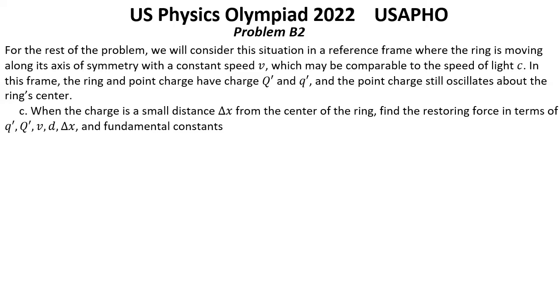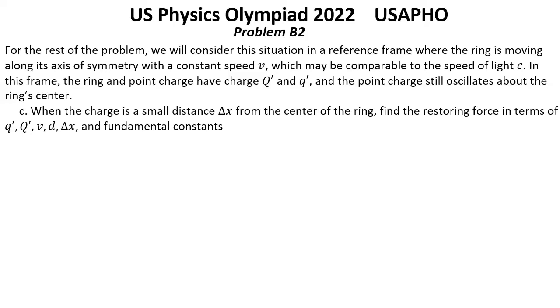Solution for question C. When the charge is a small distance delta x from the center of the ring, find the restoring force in terms of small q prime, big Q prime, v, d, delta x, and the fundamental constants. Solution. The position of the charge relative to each charge in the ring is almost 90 degrees.